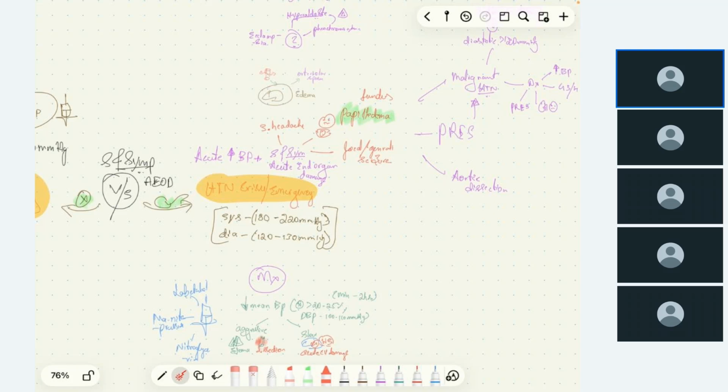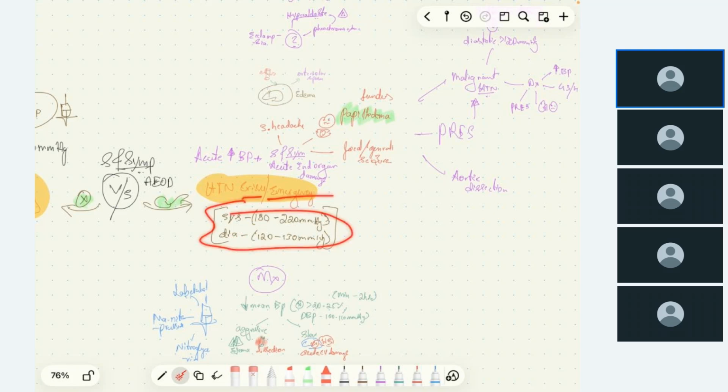Please note, there is no cutoff for BP in hypertensive crisis or emergency. But we usually see systolic blood pressure to be between 180 to 220 mmHg and diastolic blood pressure between 120 to 130 mmHg in case of hypertensive crisis or emergency.